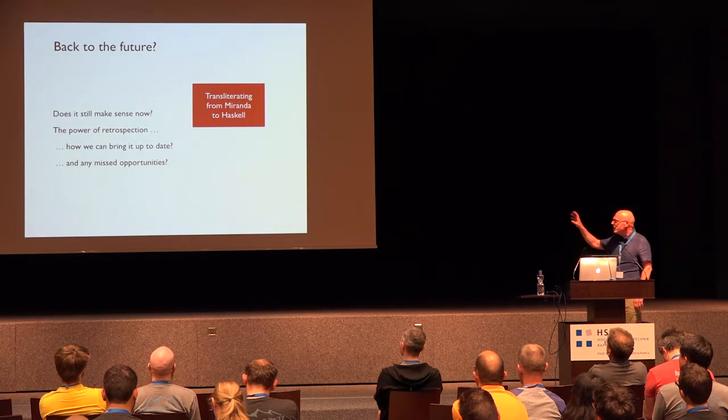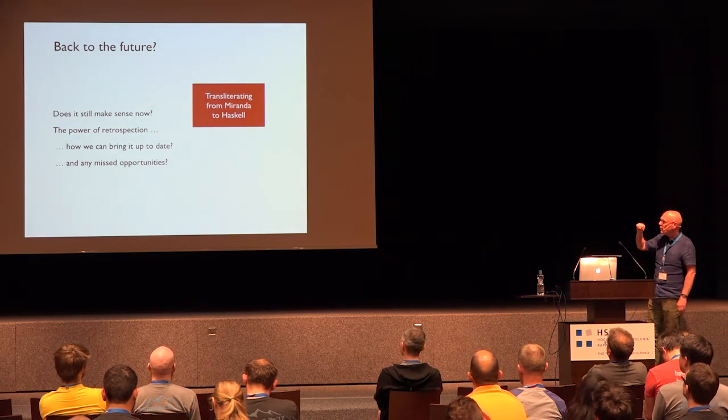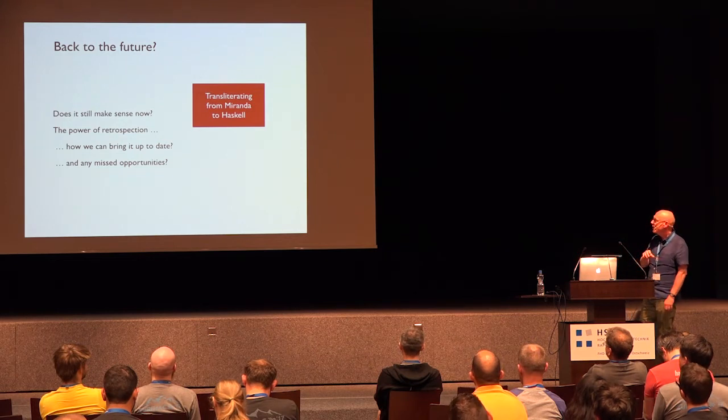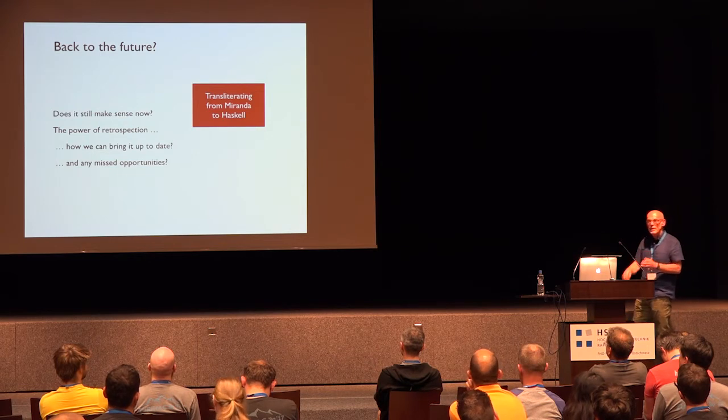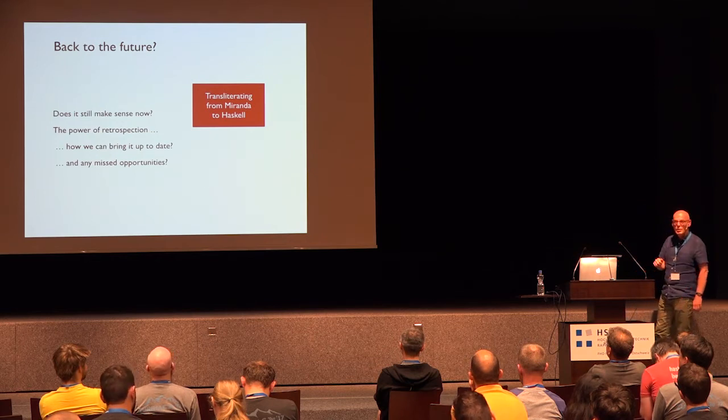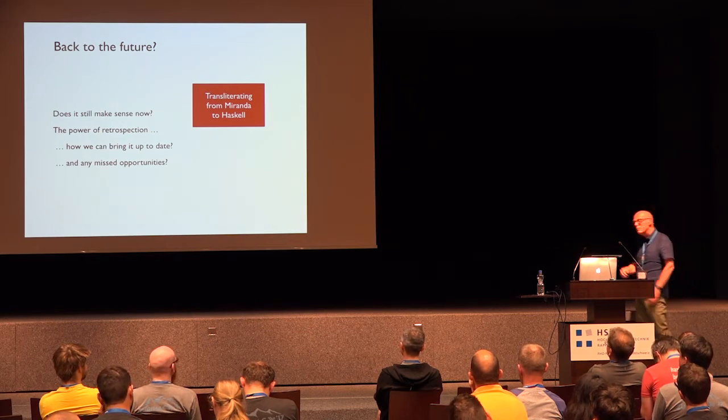There are two aspects to this which I'm not going to talk about. It was Miranda code initially, and I had to transliterate that from Miranda into Haskell, but that was pretty much routine. Some capital letters had to become small letters, and a few minor things like that.